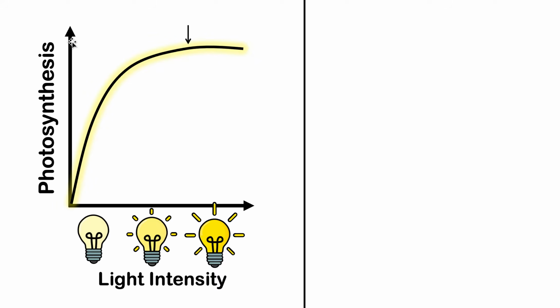And then the y-axis here, we have the photosynthesis. So we can see as light intensity increases, so does photosynthesis. But after a while, it starts plateauing. So even though at this point you're giving more light intensity, the rate of photosynthesis doesn't increase anymore. It stays relatively flat. Why is that?